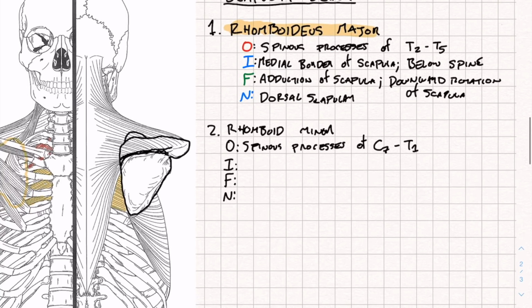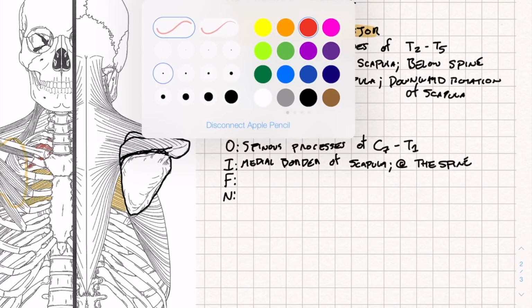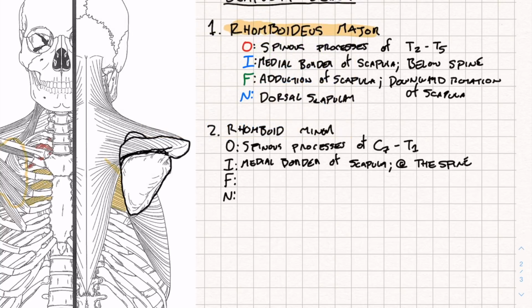Its insertion is also the medial border of the scapula, but this is at the spine. So the major was below it, kind of like down here. The minor inserts right there at the level of that spine of the scapula.